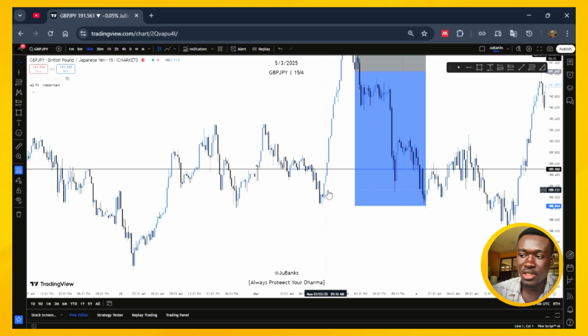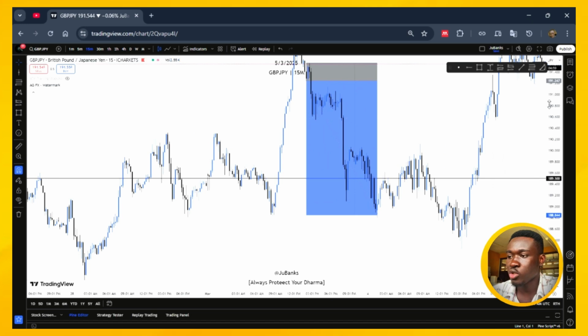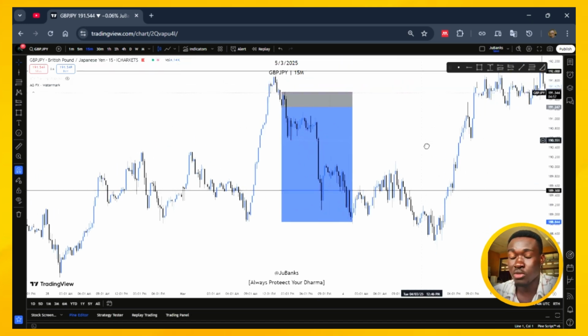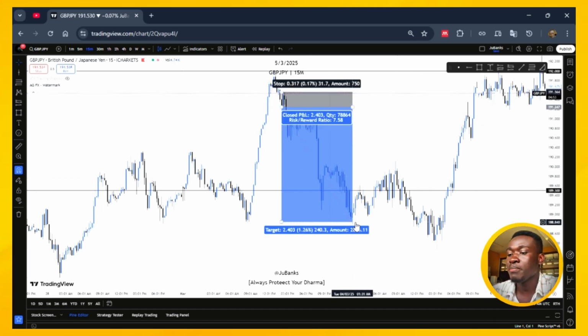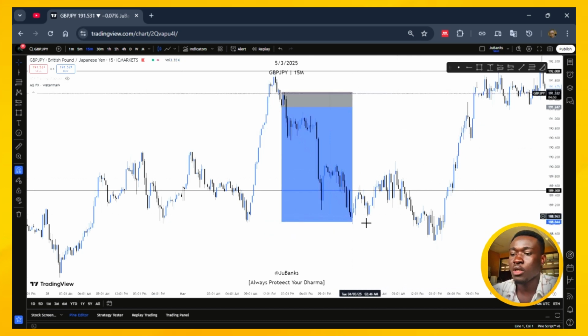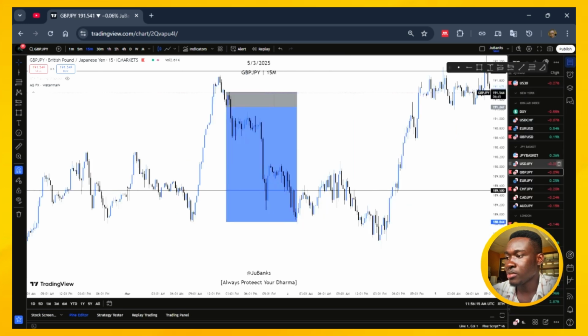Areas where there have been consolidations tend to be strong areas of support and resistance, or supply and demand, so you have to pay attention to them when setting your TPs and stop losses. I took my profit here mainly because of this consolidation, which you will also see when you go back to the index.